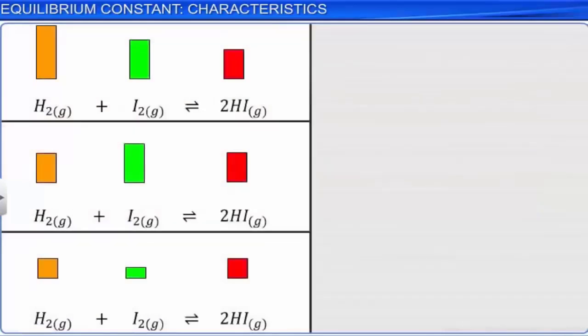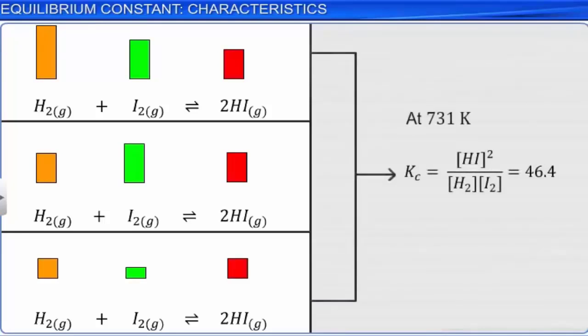For example, the equilibrium constant for the reversible reaction of gaseous hydrogen and gaseous iodine in a sealed reaction vessel, irrespective of the initial concentrations at 731 Kelvin, is 46.4. The equilibrium constant for a particular reaction at a particular temperature is always constant and changes only with a change in temperature.